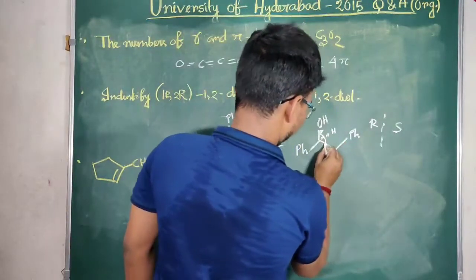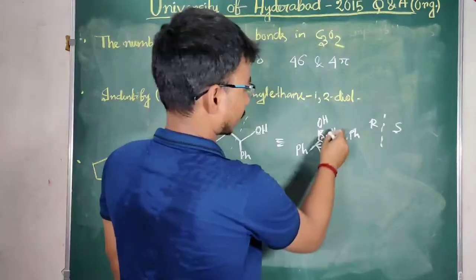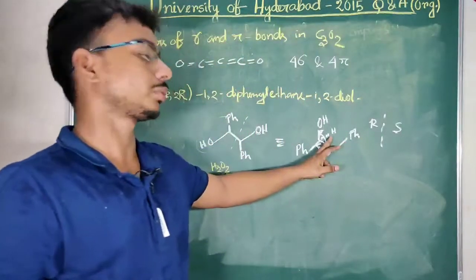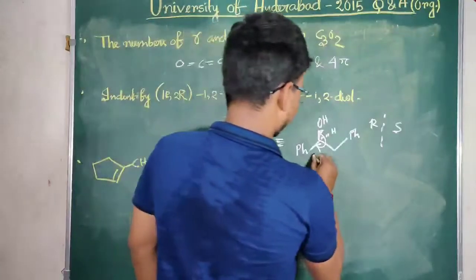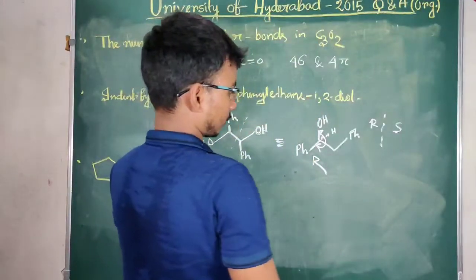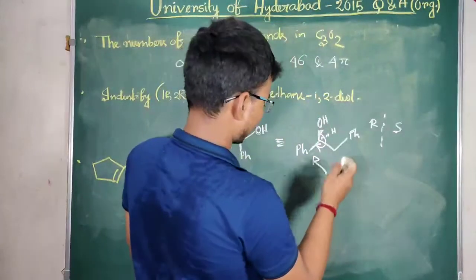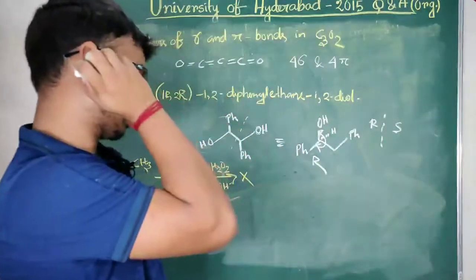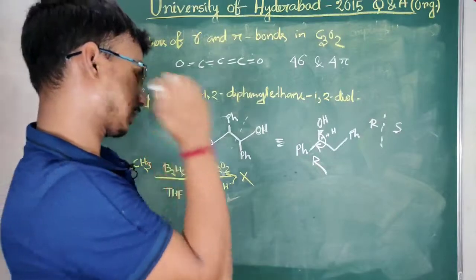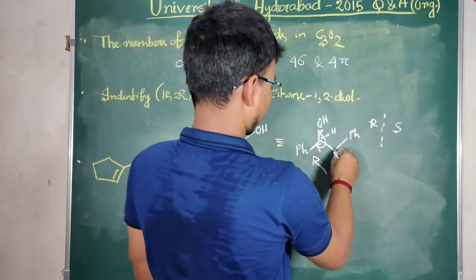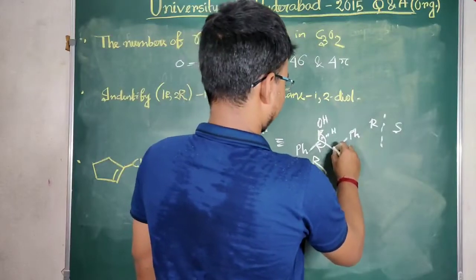Then it's a clockwise direction, and the fourth priority group is below, so it's R. Same again, clockwise direction.